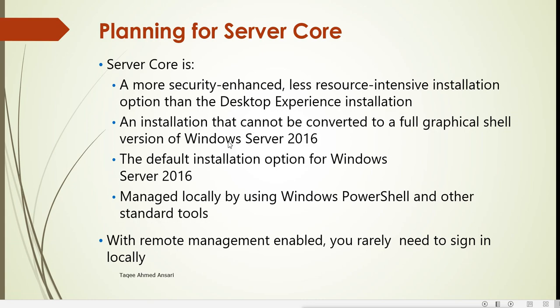That was available in previous versions like Windows Server 2012, but in Windows Server 2016 we don't have that option. If you install graphical, only graphical will be available. If you install Core, you cannot convert it back to graphical.